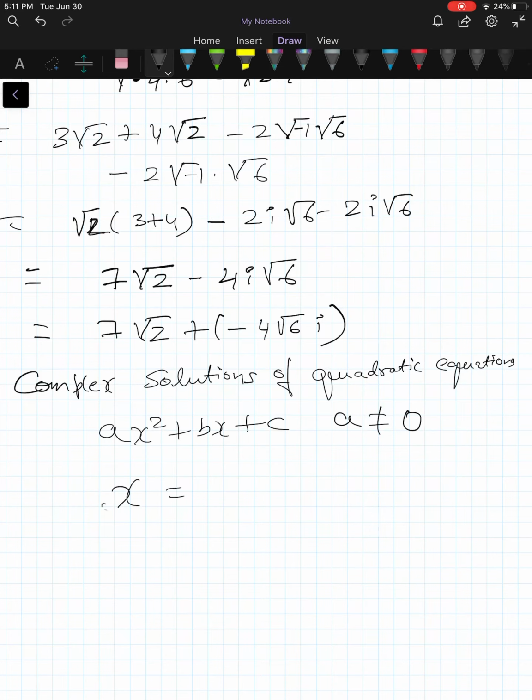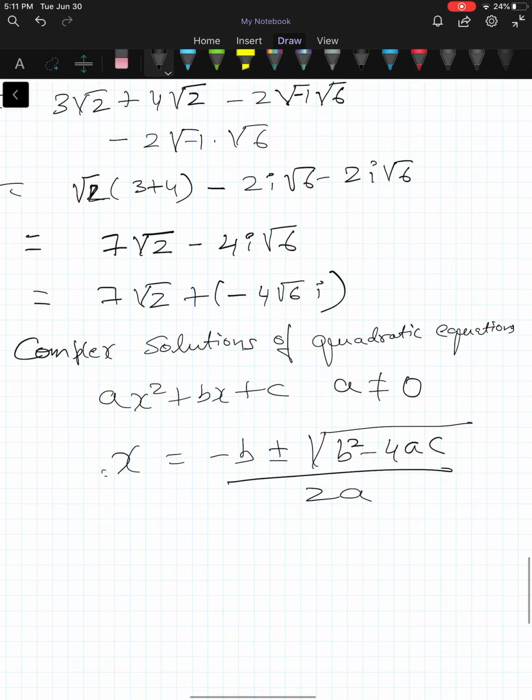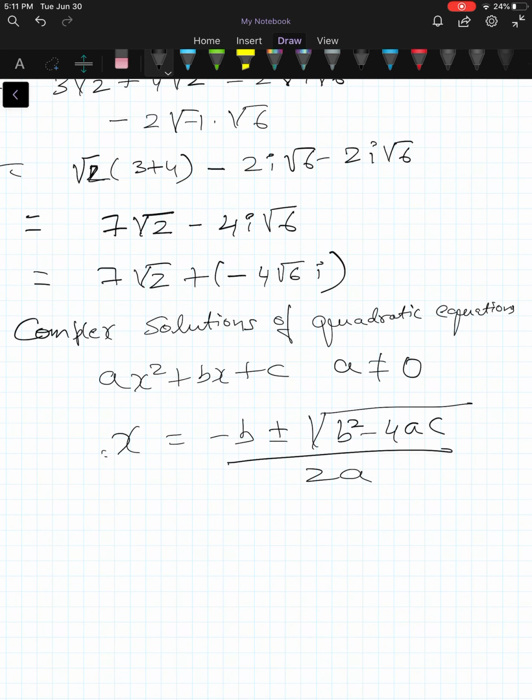Then the solution is nothing but x is equal to minus b plus or minus square root of b square minus 4ac divided by 2a. You can use the trial and error method, or you can use this. So you get both complex roots as well as real roots using this formula.